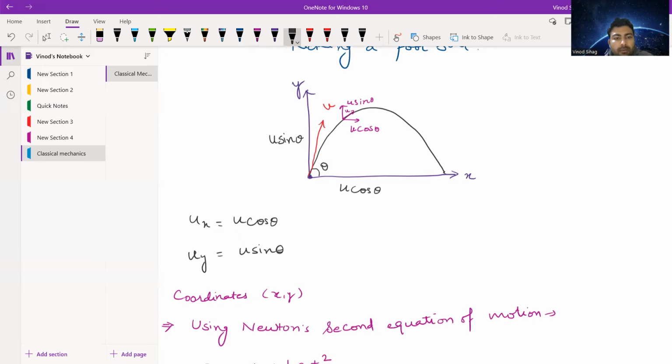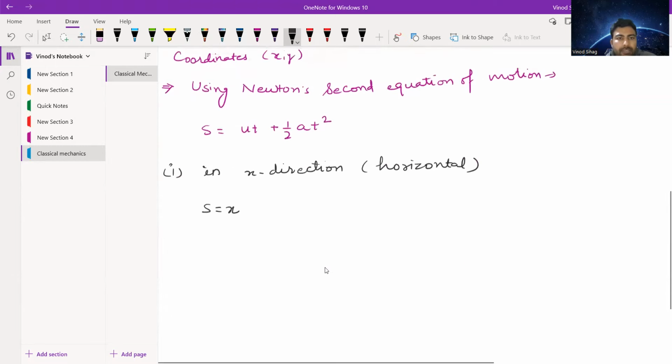Another thing in the equation is velocity. So velocity in the x direction is ux, and that is u cos theta, and the acceleration in the x direction is 0 meter per second square. Okay, that is important. The acceleration in the x direction, ax equals 0.